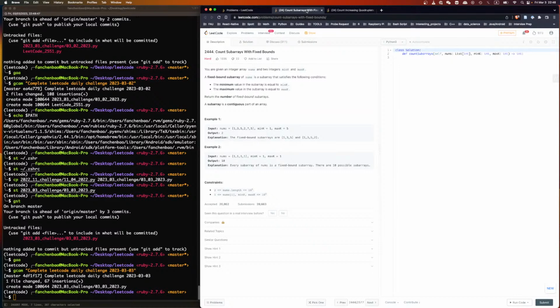Once we're done, this needs to continue moving. If we have another small inside, then we need to move to here, because we can start from here.